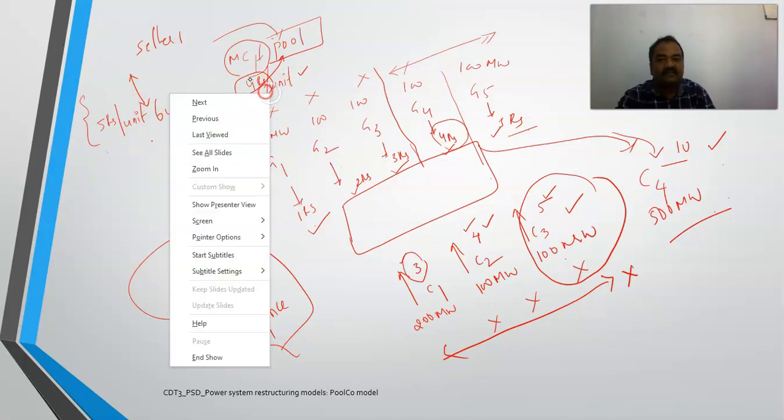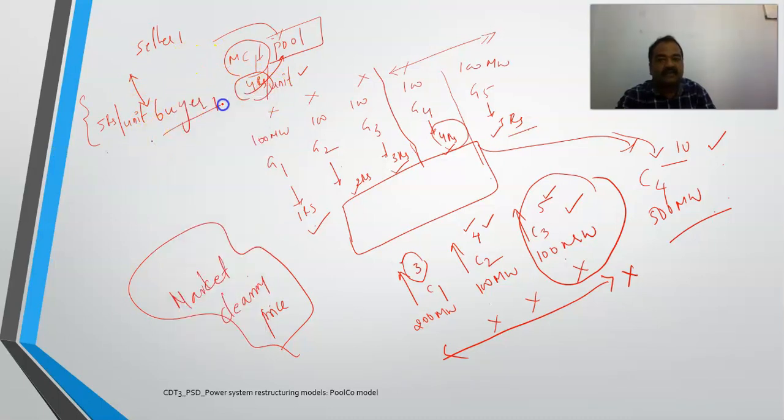So this buyer will pay 4 rupees to the pool, and additionally, because seller 1 has already agreed that he is going to get 5 rupees, if the MCP is lower, this guy will pay 4 rupees to the pool and 1 rupee to the seller.